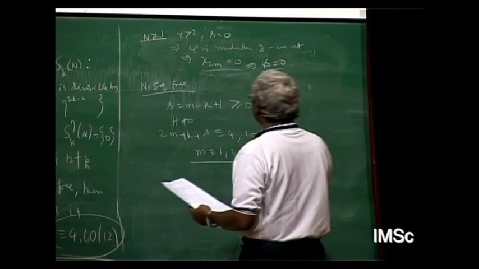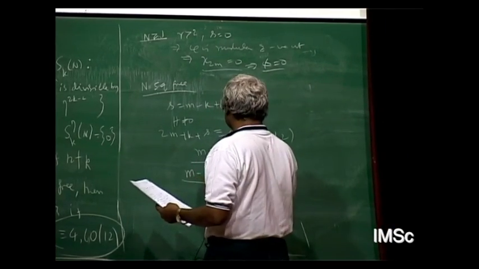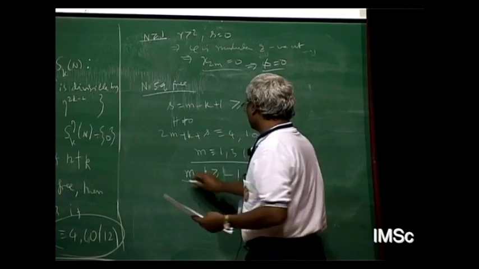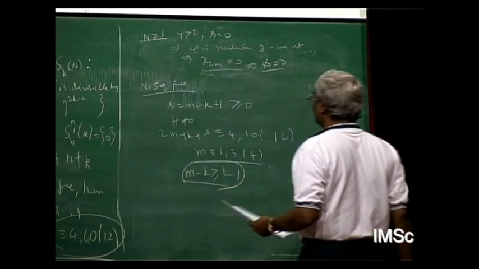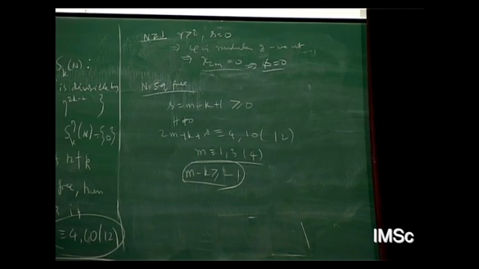and also from here I can get the condition m minus k greater than or equal to minus 1, and this is this case. I also need the n square free case, because only for n square free can I use this one. So this takes care of this.